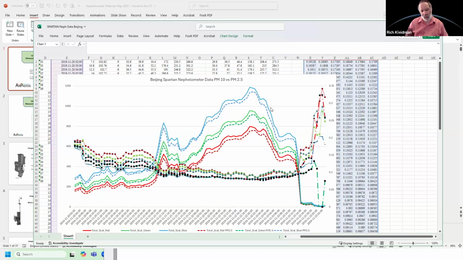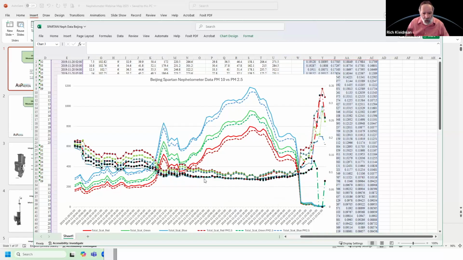And this was very interesting, and I didn't have time to show it here, but I compared it with AERONET data, and you see the exact same very sudden drop off in the particles. So it's very interesting. It would make an interesting case study.